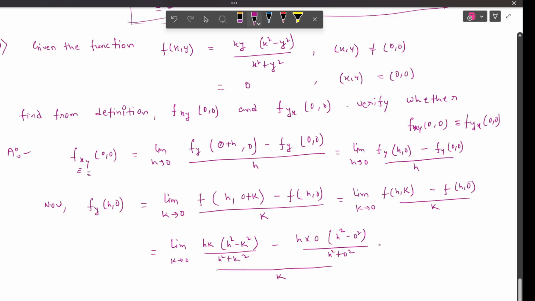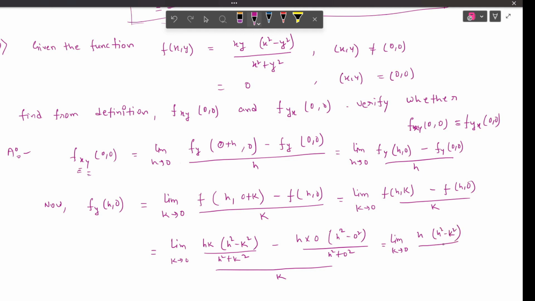Now this term is 0, so you can say limit k tending to 0, the k and this k will cancel out, h into (h square minus k square) by (h square plus k square).